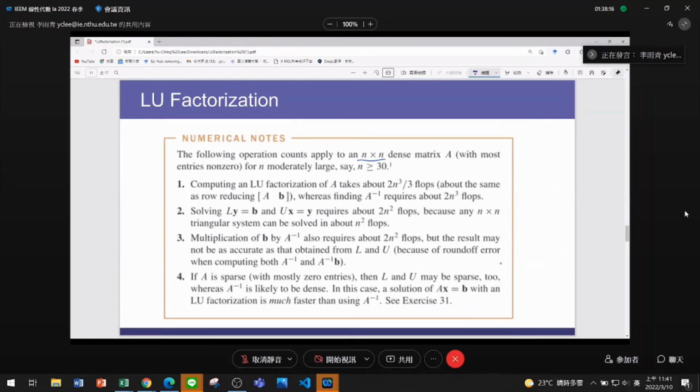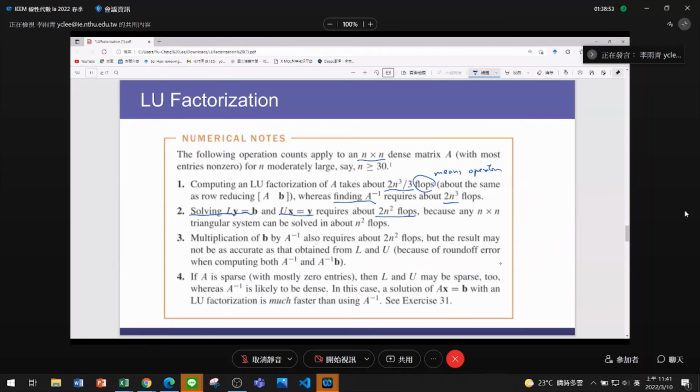Computing an LU factorization takes 2n cubed divided by 3 flops. This word means operations. Then calculating A inverse requires another 2n cubed flops. And if we solve two linear systems, we will need 2n squared flops.